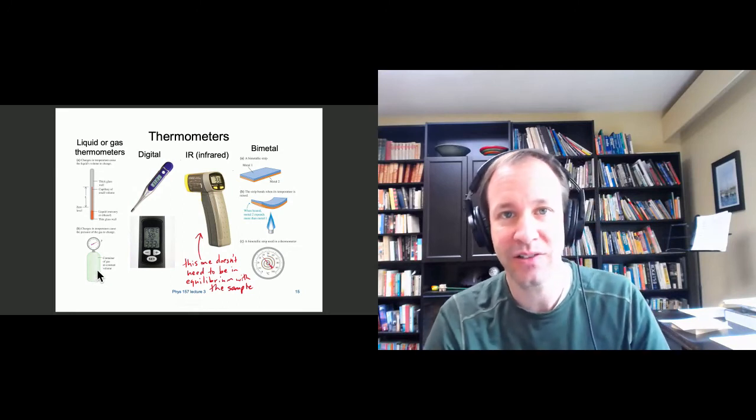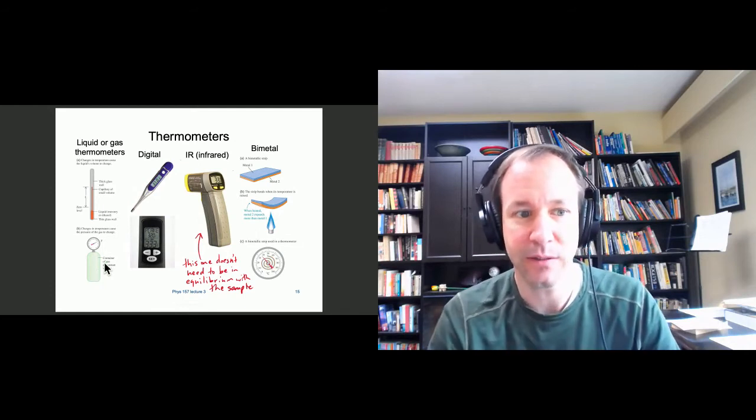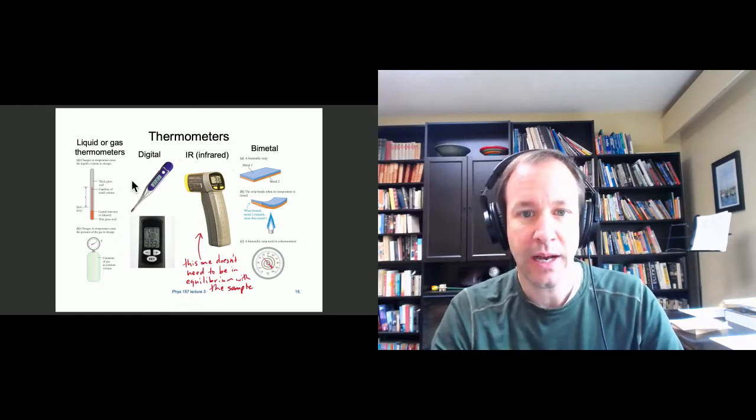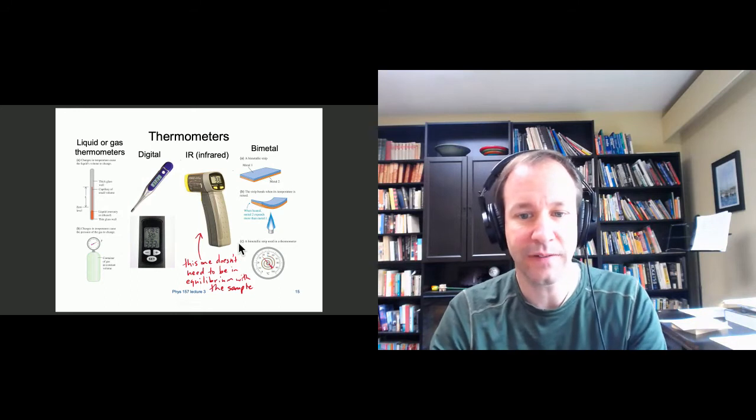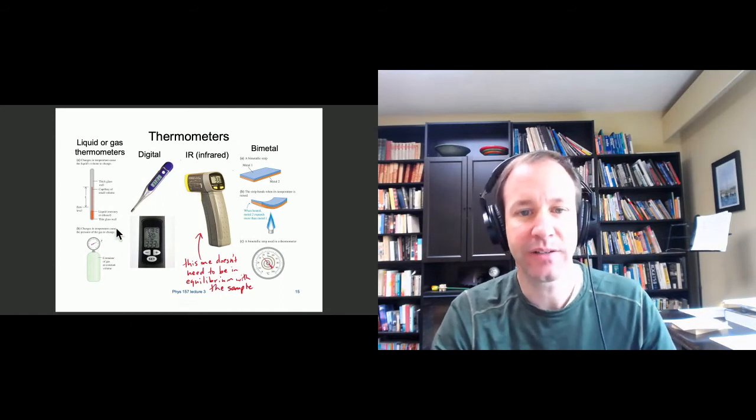If you're sick, you don't necessarily want to put a large cylinder of gas into your mouth. And so it's fine to use all of these other different technologies, and you can calibrate these using some ideal gas thermometer. You could just make sure that they read the same temperature, and then you know that your various thermometers are going to be accurate.